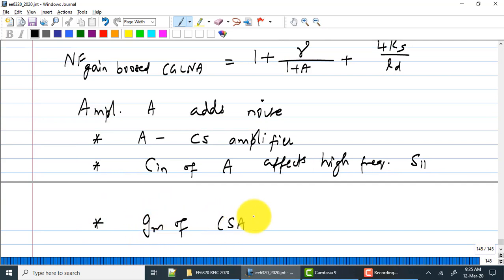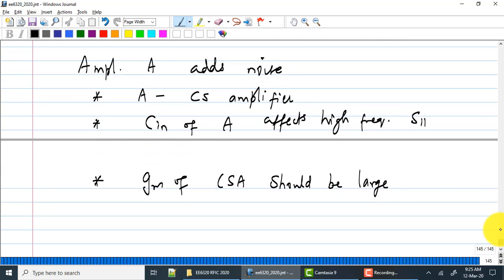Now you can see very easily how you can get into trouble, because now you need to choose a very large current and a very small transistor to make sure input matching is not disturbed and you have low noise. So small device, large current.